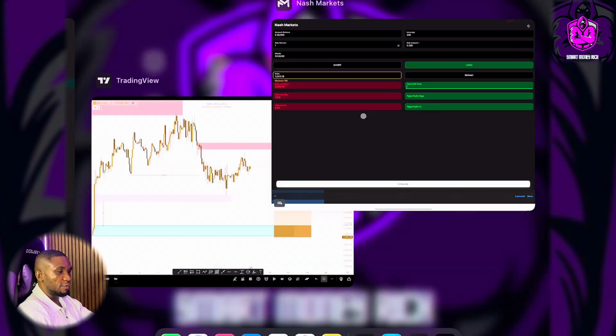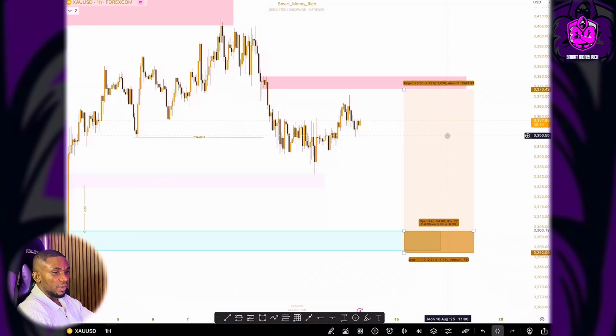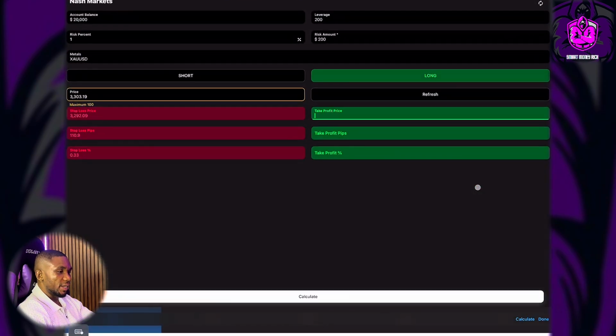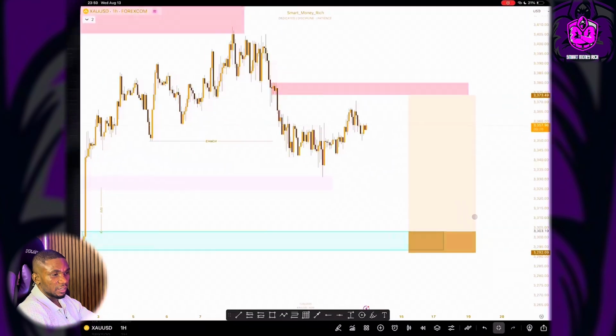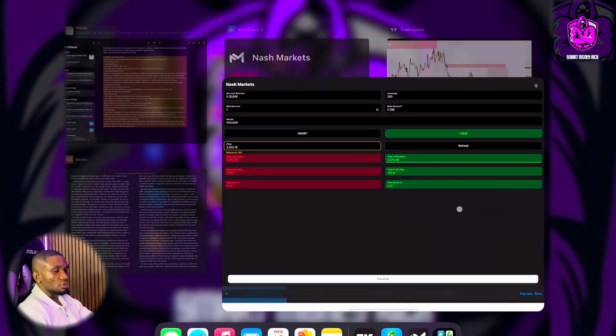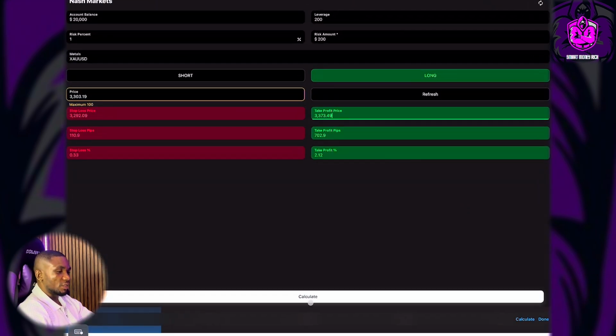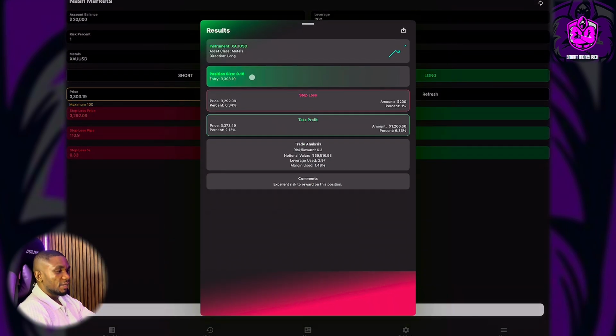Then for take profit, what are we targeting? We are targeting 3373.49. Let me go and check. Good, correct. So what next, guys? Just click calculate. This is my lot size, 0.18, right?